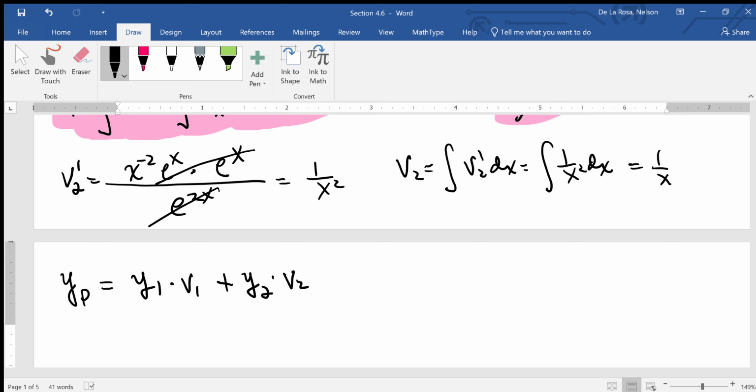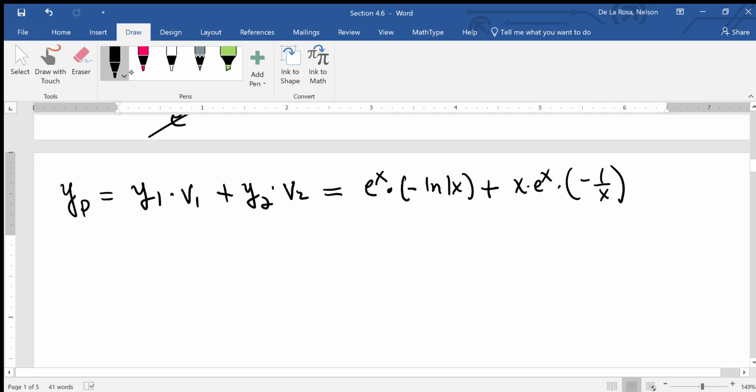Then y1 is e to the x times v1, which is negative ln of the absolute value of x, plus y2, which is x e to the x, times v2 that we just found, negative 1 over x.